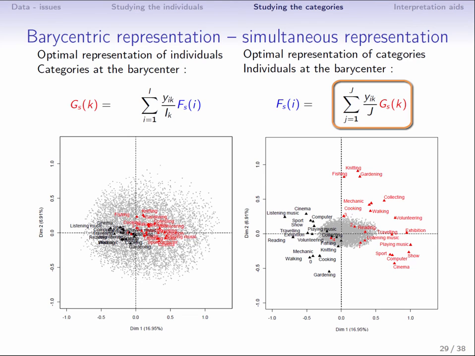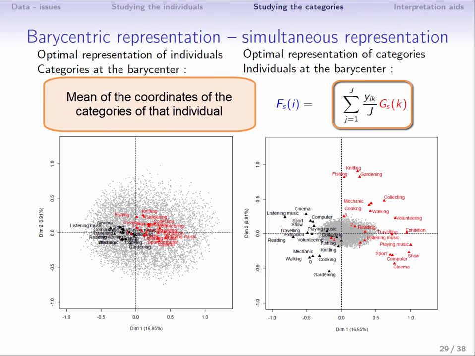In this formula, y_ik, which we multiply with G_sk, corresponds to the sum of the coordinates of the categories of the ith individual. And since an individual is in only one category per variable, and there are J variables, we divide by J to have the mean of the coordinates of the categories of that individual.